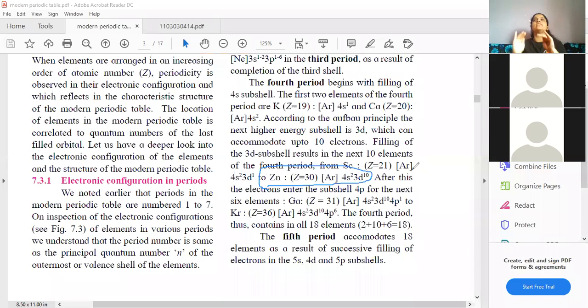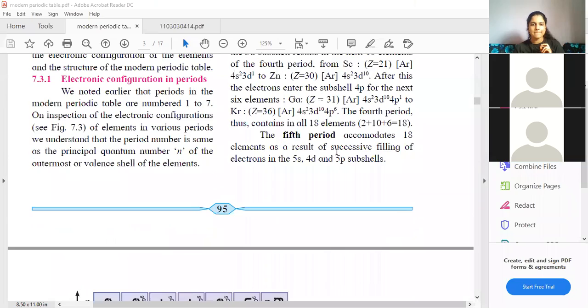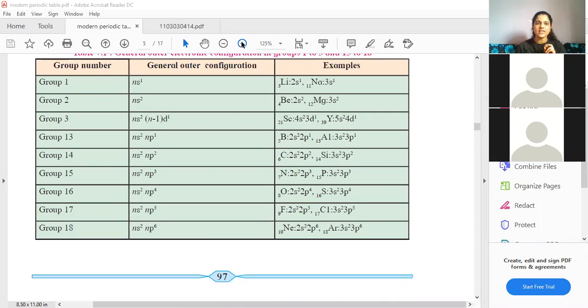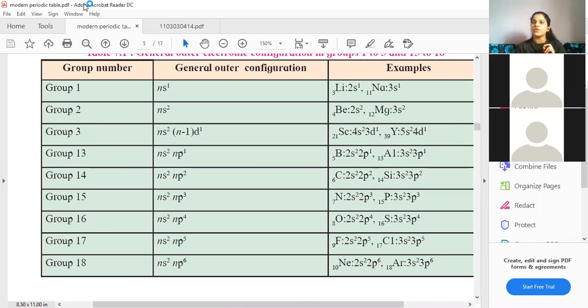So basically what they are trying to say is, whatever main shell you are in, take this group 3 table, students. You can see the general configuration for group 3, how they have written it: ns2 (n-1)d1. Why?